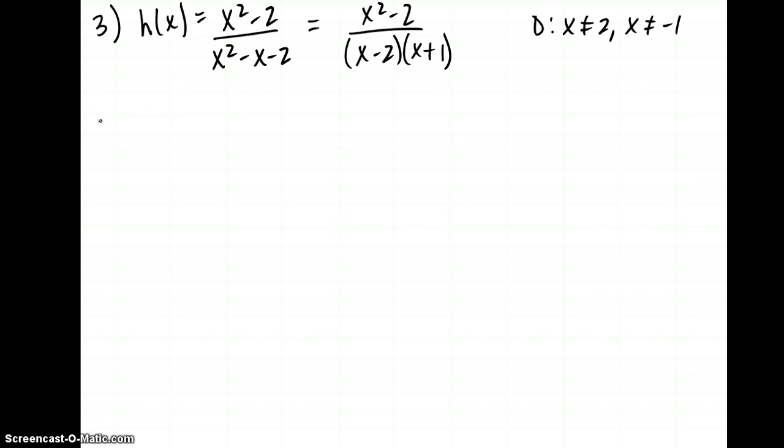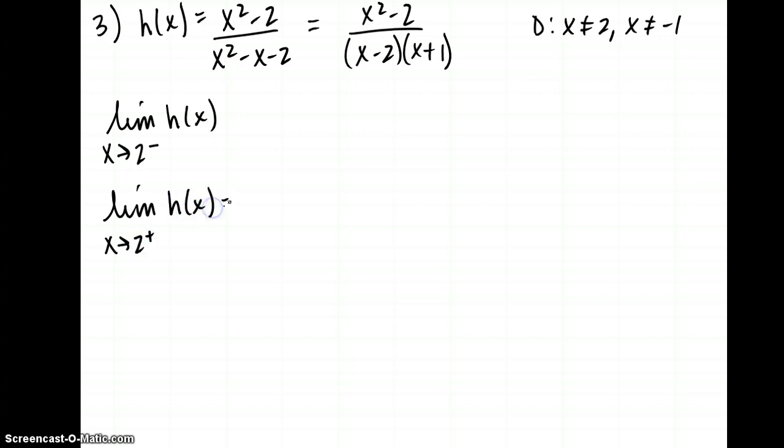So at x is equal to 2, limit as x approaches 2 from the left-hand side of h of x, and limit as x approaches 2 from the right-hand side of h of x.